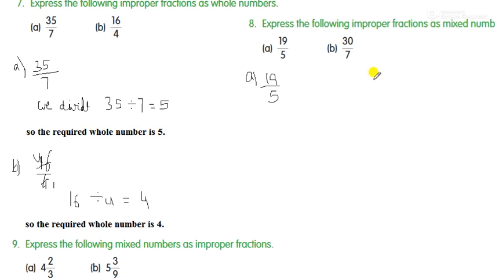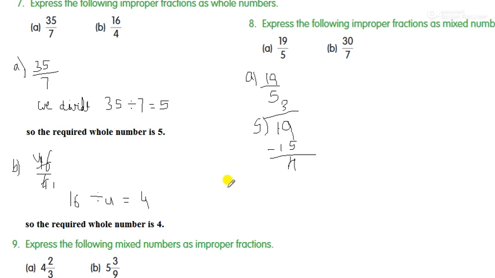So here 5 is the divisor, 19 is the dividend. So 5 3s are 15. So the remainder is 4. So hence 19 by 5 equals 3 and 4 by 5.